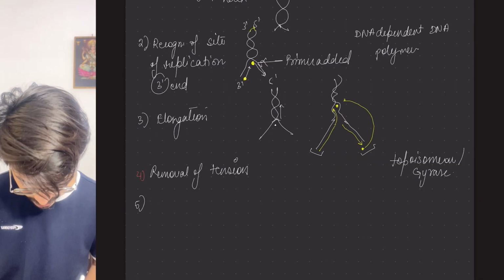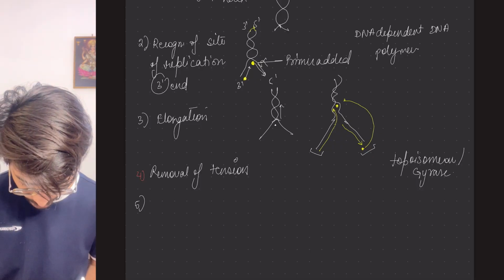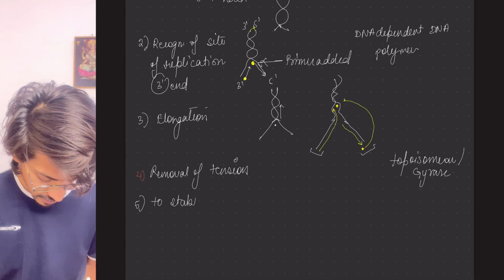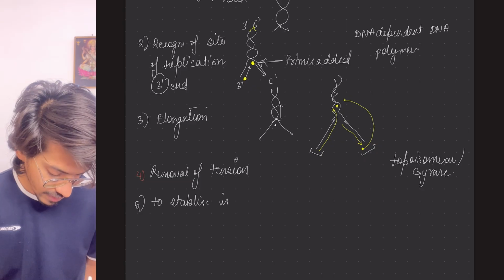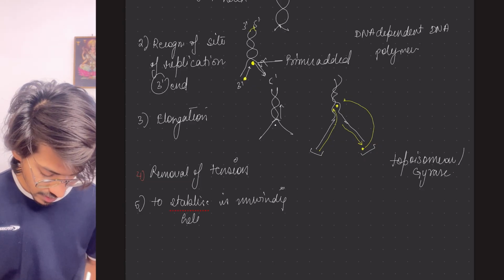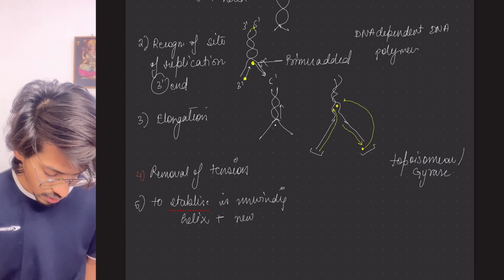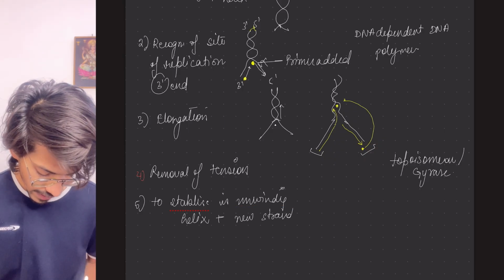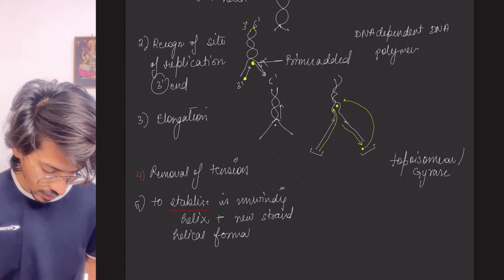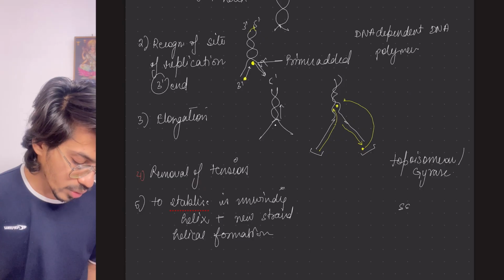So to stabilize the unwound helix plus the new strand helical formation, this will be done by SSB proteins.